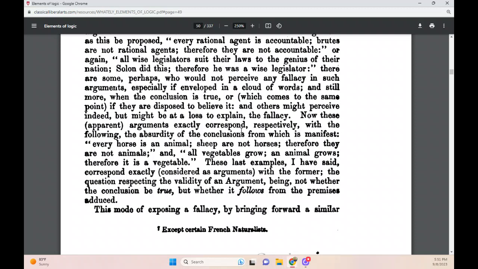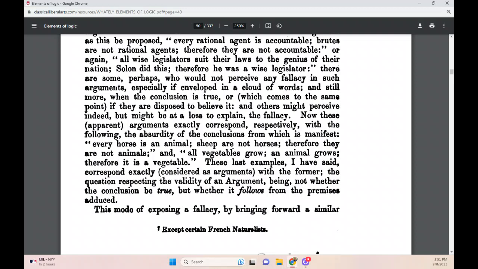Those arguments appeared to be good arguments, but this, because we can see that the conclusion is false, appears to be a bad argument. They're the same arguments. They're all bad. Here's another example. All vegetables grow, or we could say this, all vegetables are growing things.